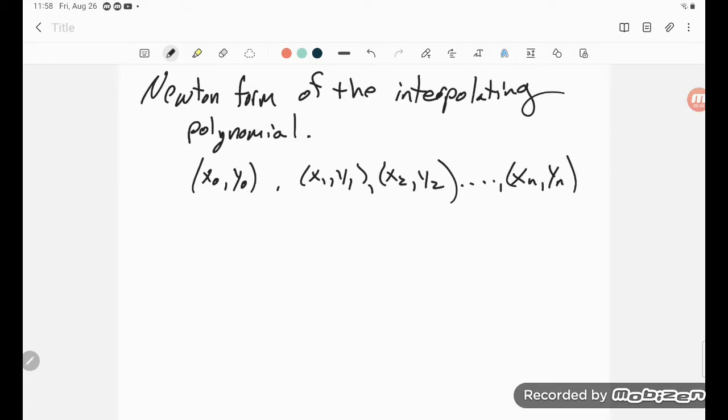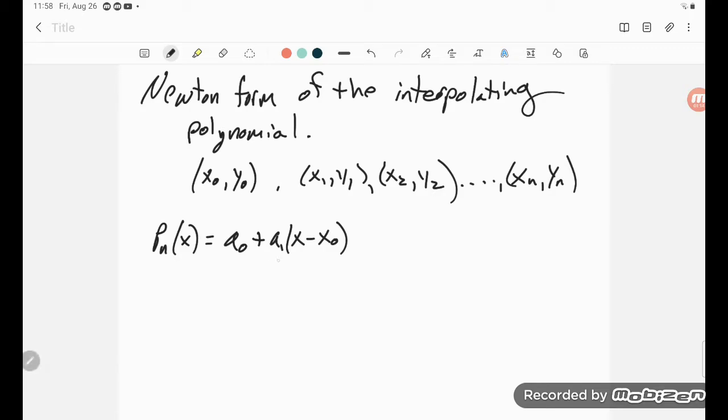And if we have that, then the Newton form, and they call it Pn because it'll have degree n, Pn of x, well, we're going to need those n plus 1 coefficients, so we need an a0, that'll be the constant, then an a1, and you simply do a1 times x minus x0.